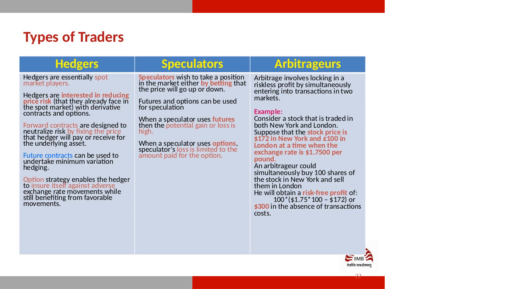When the speculator uses a futures contract to speculate, the potential gain or loss is high, because the entire line is there. You could earn a very high profit. You could also lose a lot of money. On the other hand, if you use options, the speculator's loss is limited, as some of you have been saying earlier. Your loss is limited to the premium that you are paying, not an infinite loss, right?